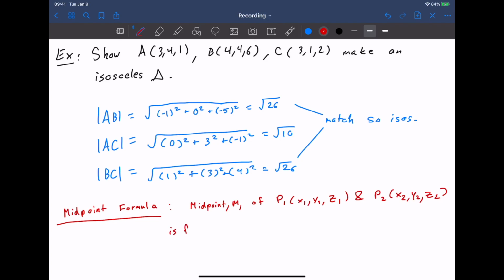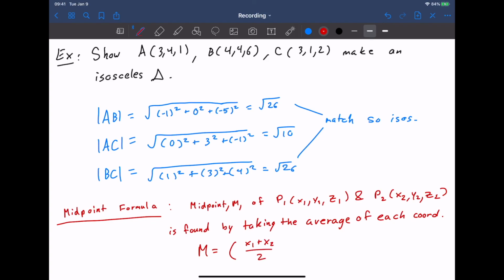is found by taking the average of each coordinate. So M would be X1 plus X2 divided by 2.